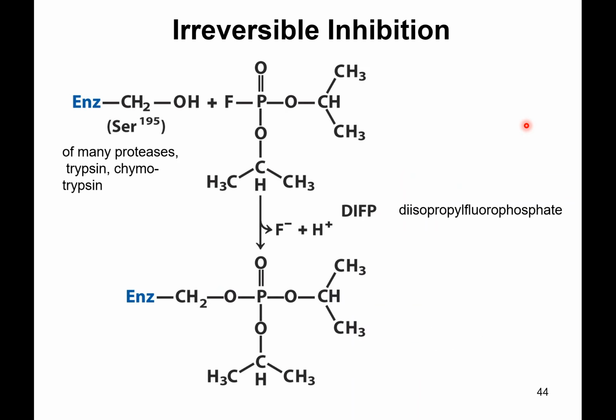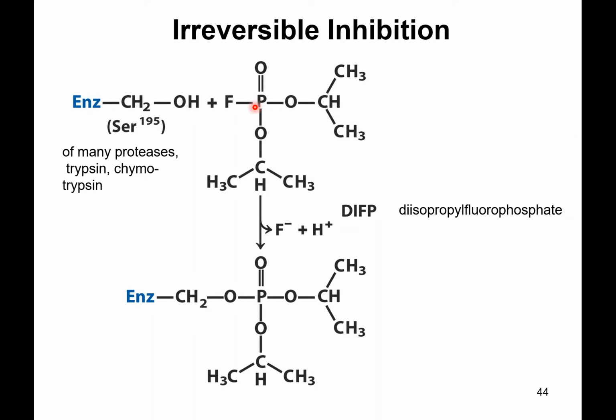Okay. Irreversible inhibition, as I mentioned, are things that tend to bind covalently to like an amino acid side chain in the active site. So in the case of some proteases, they have serine residues in the active site, and you can have molecules like this. This would be our inhibitor that binds covalently.